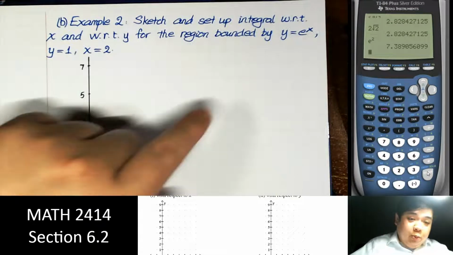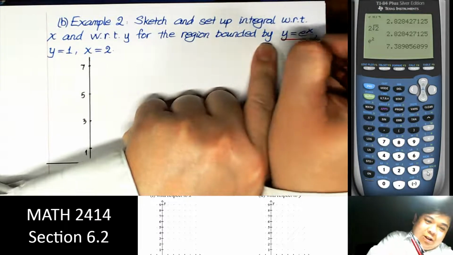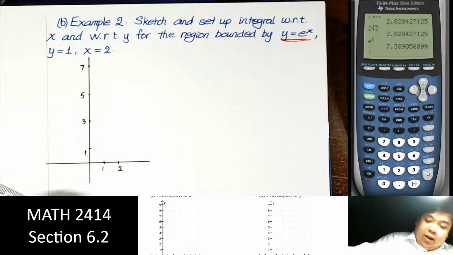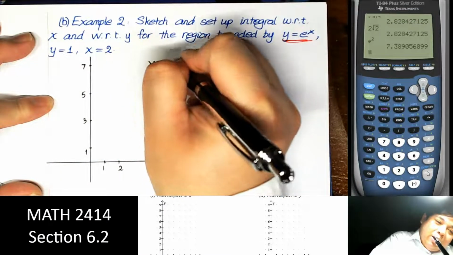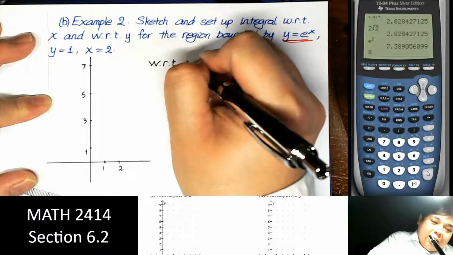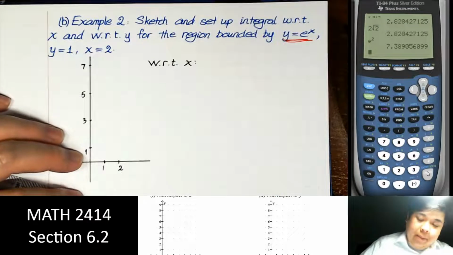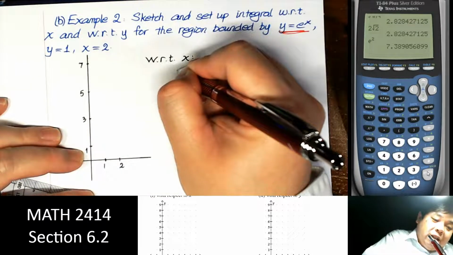So first, let's sketch the exponential function, with respect to x. Just make a table, y equals e to the x. So we have x.